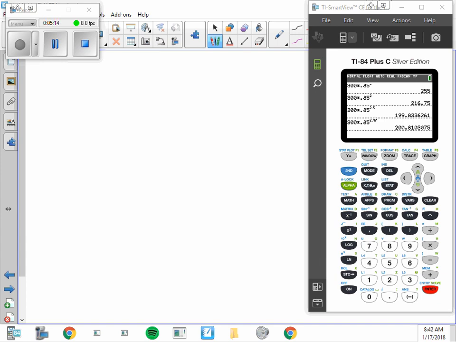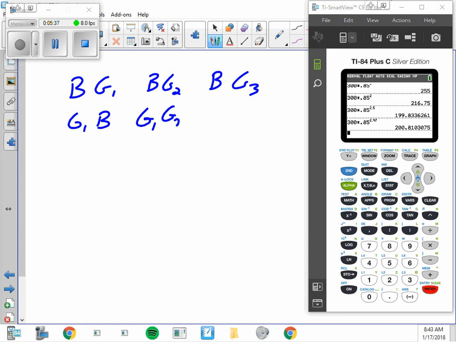So we either get B, G1, B, G2, or wait, we're doing just, yeah, that's right. B, G3. That's one way to do it. Or G1, B, G1, G2, and then G1, G3.